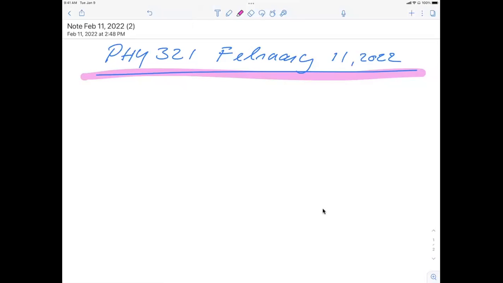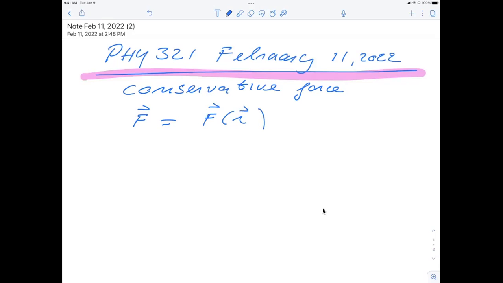If you look back at what we did on Wednesday, one of the definitions of a conservative force is that the curl vanishing is a necessary condition, but it's not sufficient. It conserves energy as well. Obviously, the force depends only on the spatial degrees of freedom, or position.